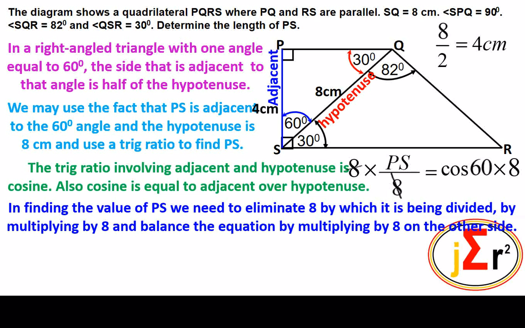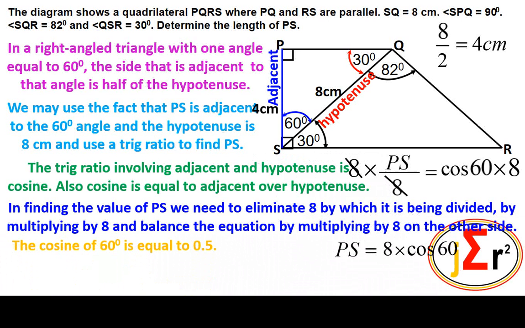On the left-hand side to eliminate the 8, on the right-hand side to balance the equation. Now we have the 8 being eliminated from the left-hand side. PS is the only thing left on that left-hand side. Everything else is on the right-hand side, and PS is therefore equal to 8 times cos 60.